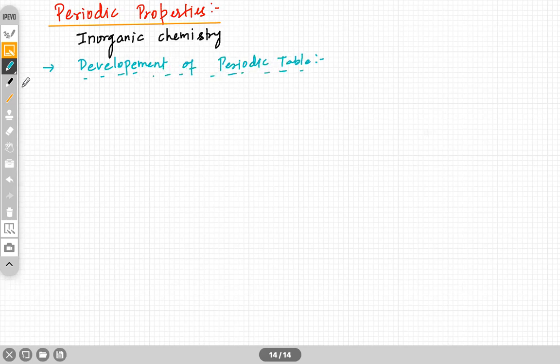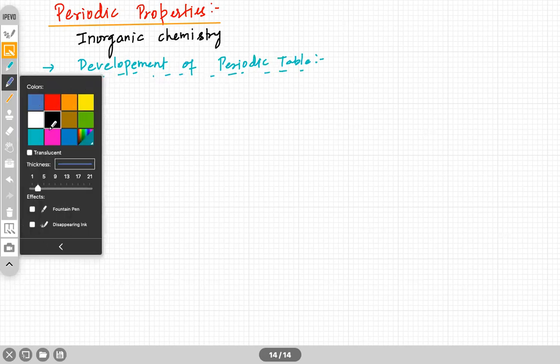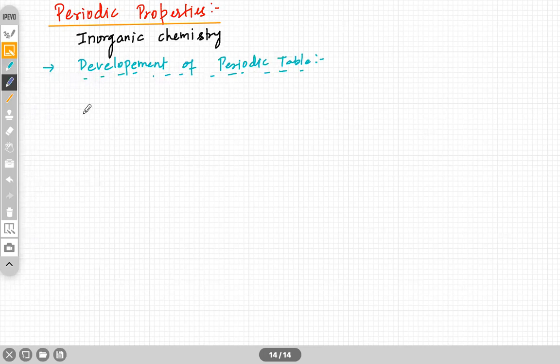The first attempt was made by the scientist called Prout, right? And this theory we call Prout's hypothesis, not synthesis.